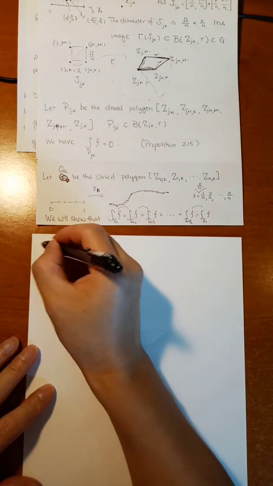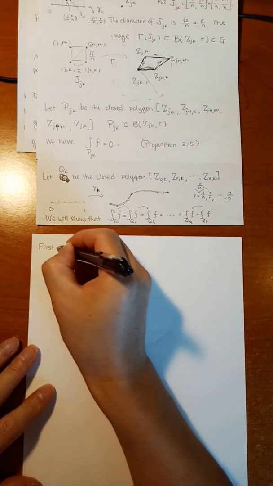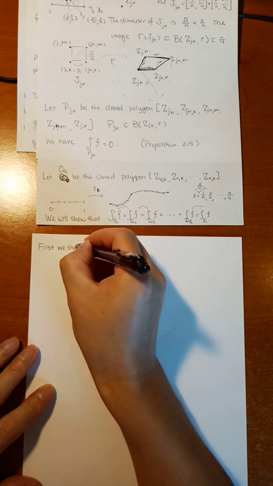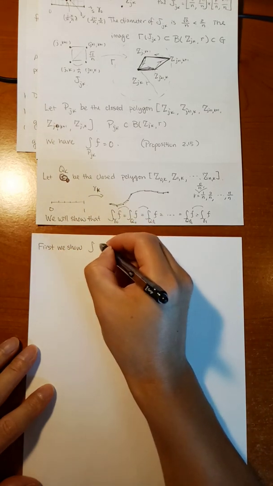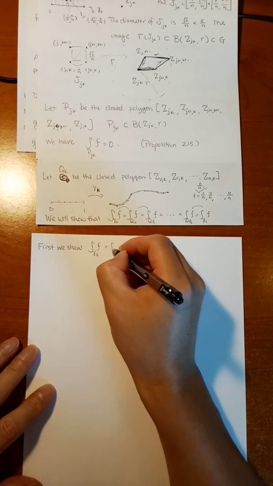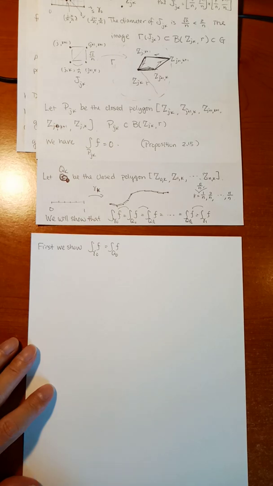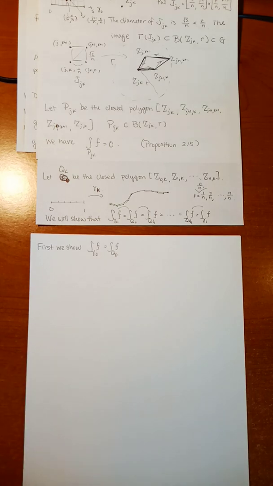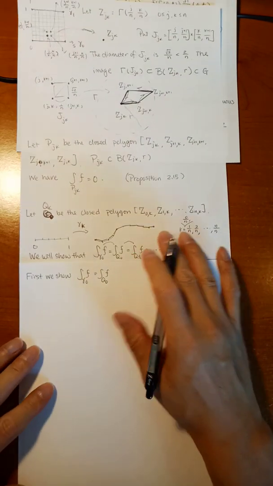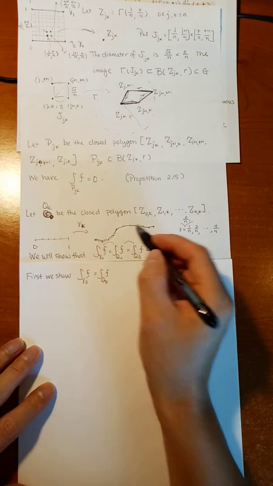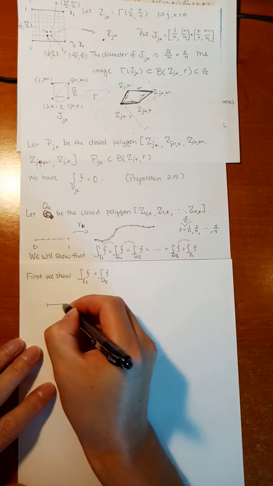the first one. So first, we show the integral of f along gamma 0 is equal to the integral of f along q0. Okay, it's a small piece, so I'm going to just pick a tiny one.